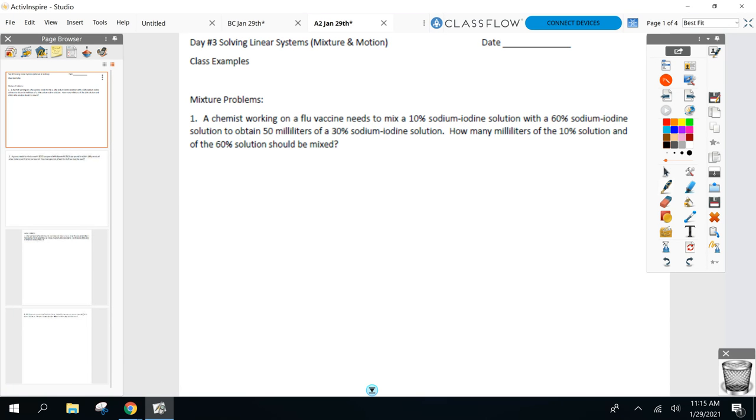All right, before we get to the equation, let's make up variables. Set up your variables right away. So you pick whatever letter you're fond of. I don't care. I'm going to let x equal the amount of 10%. Again, you can have x, y, z, a, b, c.